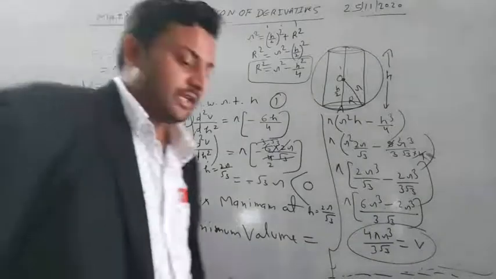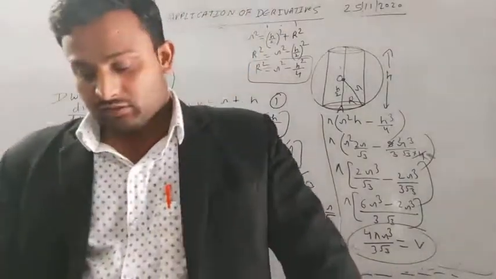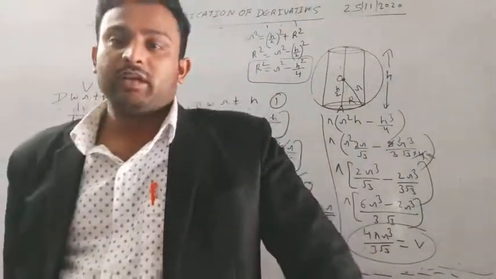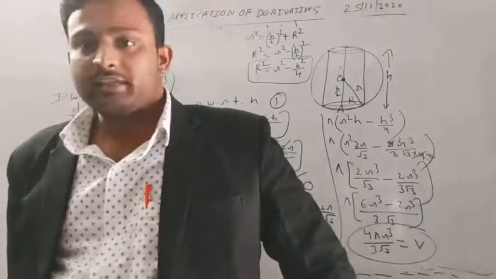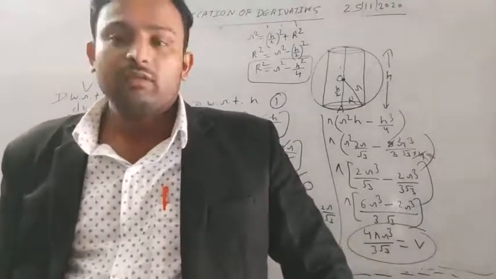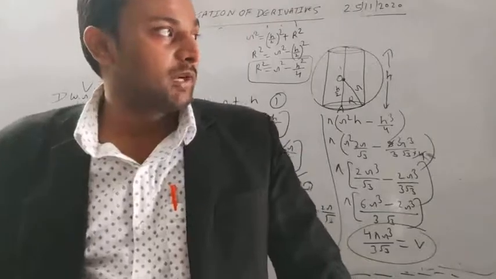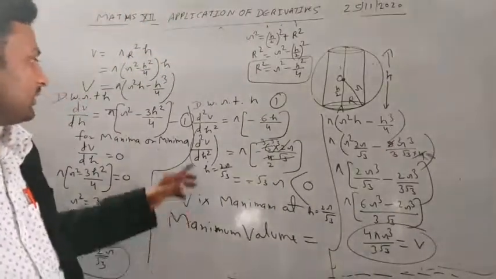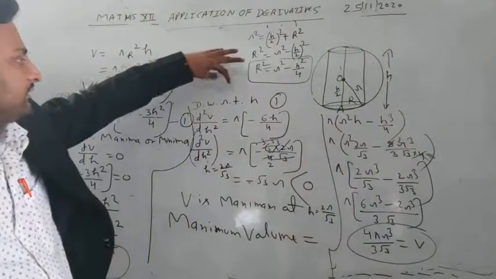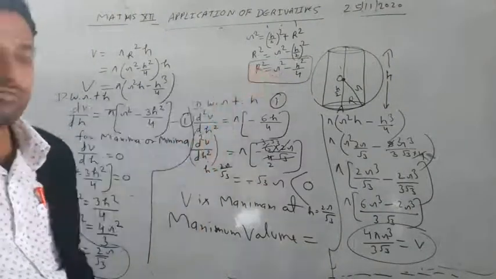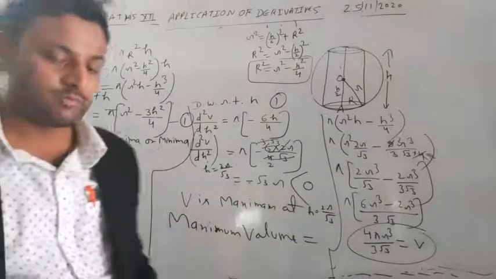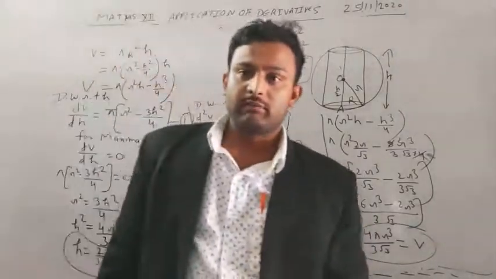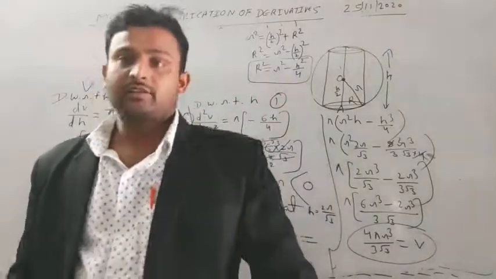Now, to say whether it is a maximum or a minimum, we will find the second derivative at the point. We differentiate equation number one again with respect to H, because we have to find the largest value.